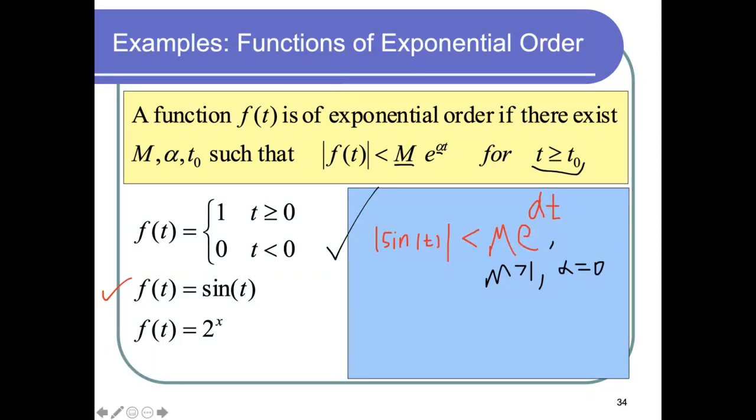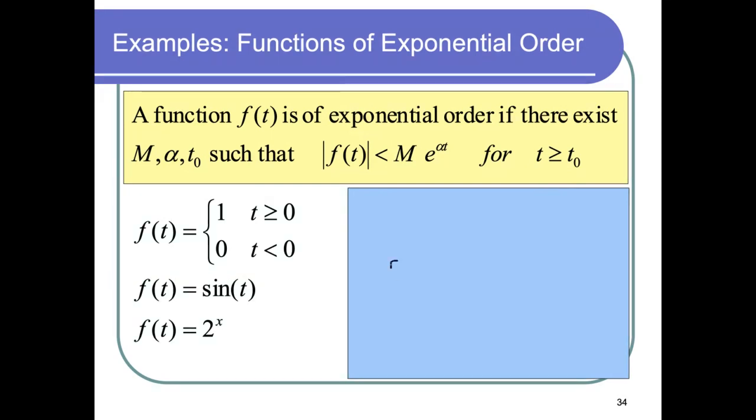So what about the third one? f of t is 2 to the power of t. We want 2 to the power of t to be less than or equal to m e to the power of alpha t. Can you find values of m and alpha and t naught such that this is satisfied?